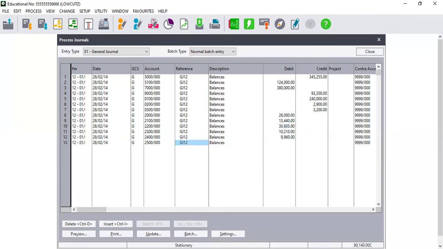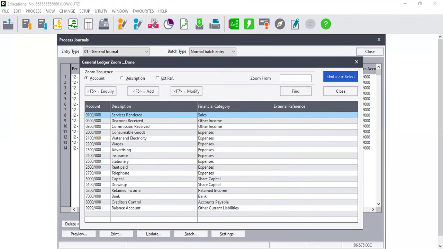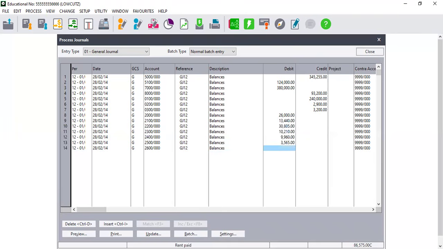25, stationery is 35,35. 26 is 85. Lastly, 27 is debited with 1575.